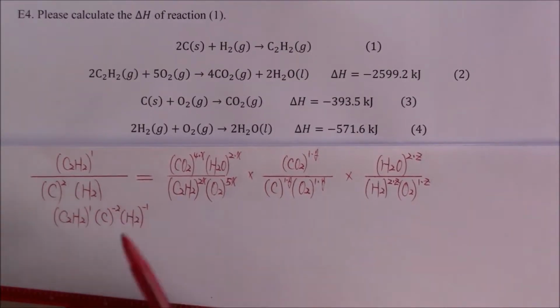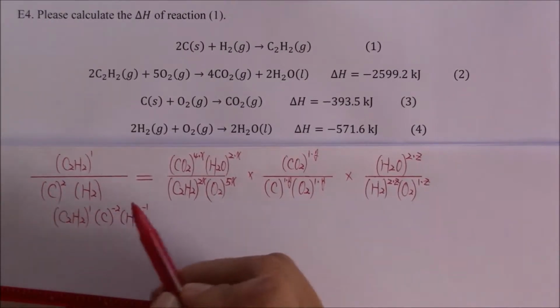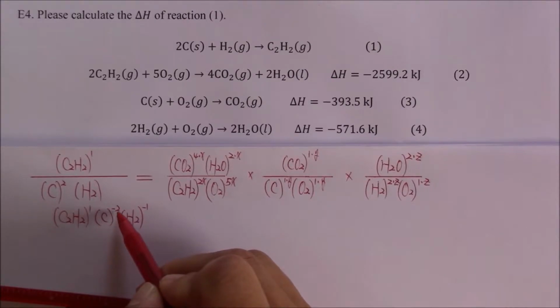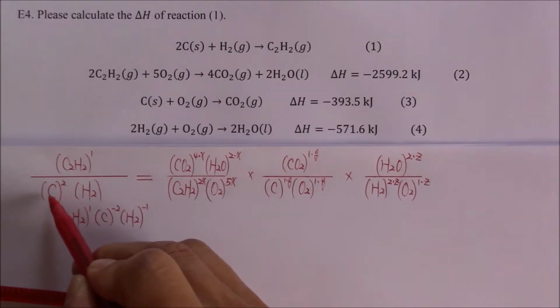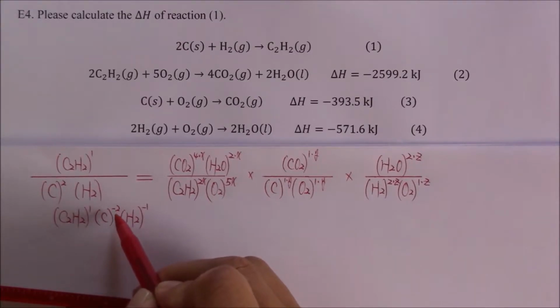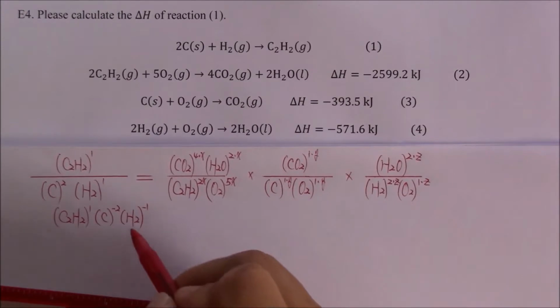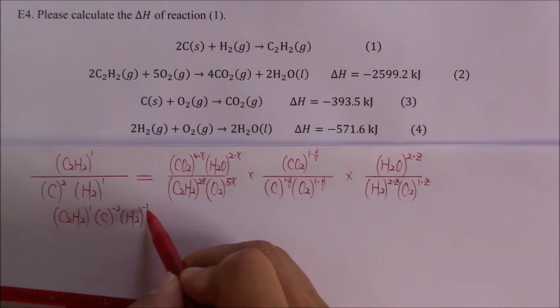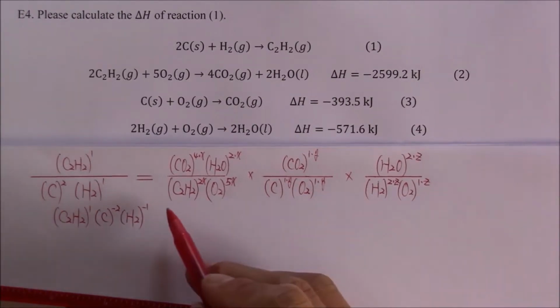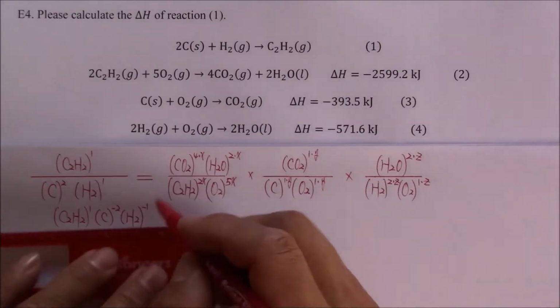We will change it to this format. If it is a denominator, we will add a negative to the power term. Therefore, carbon to the second power will become carbon to the negative 2 power. Hydrogen to the first power will become hydrogen to the negative 1 power. We will do the same for every term on the right side as well.